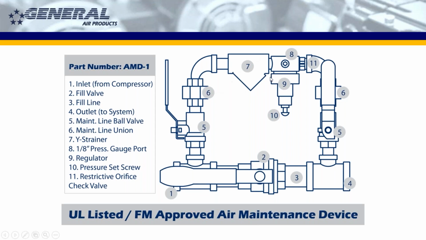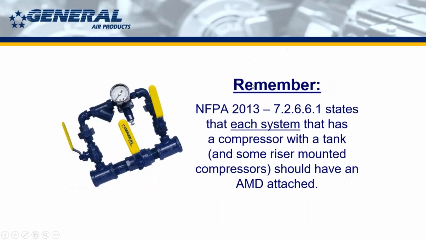The Y strainer keeps debris and particulate from getting into the regulator, and it catches it in this trap down here at the bottom. You can see this here. And that trap has a little plug on it that you can unscrew and clean out, which I highly recommend is done on a regular basis as part of maintenance as well, at least on an annual basis.